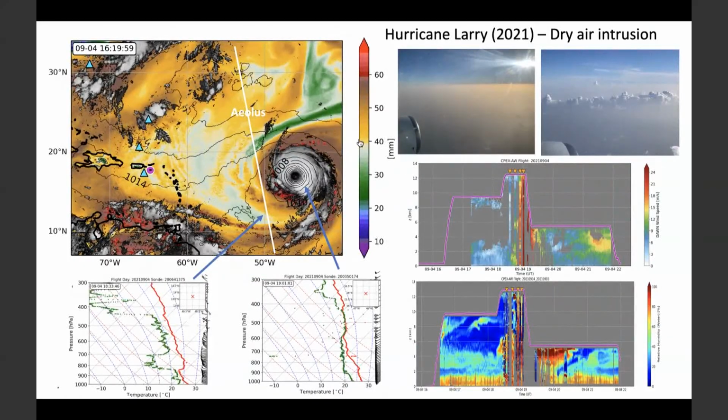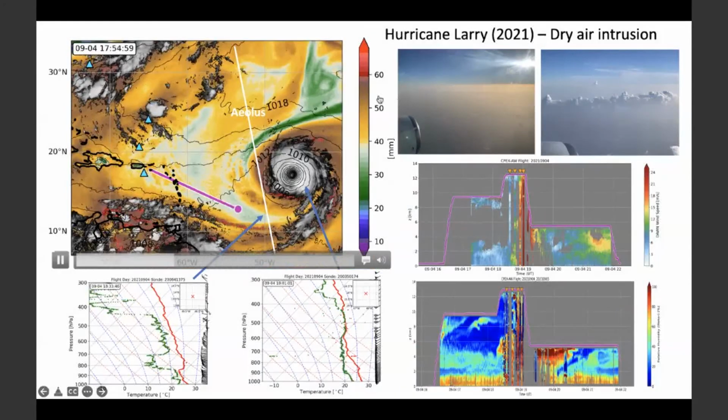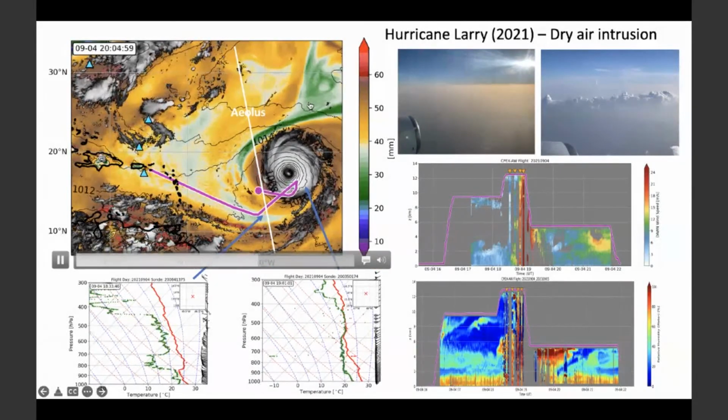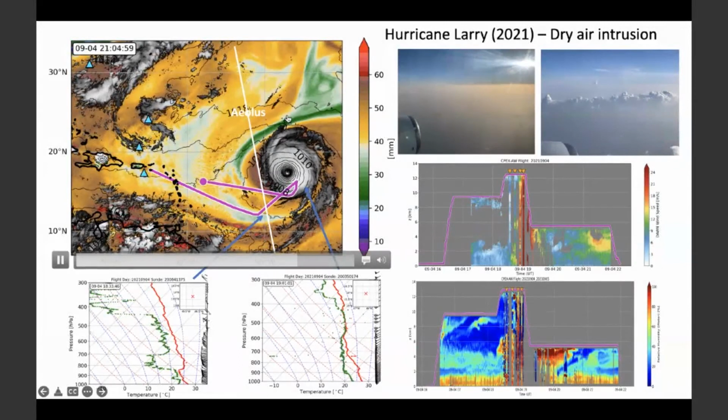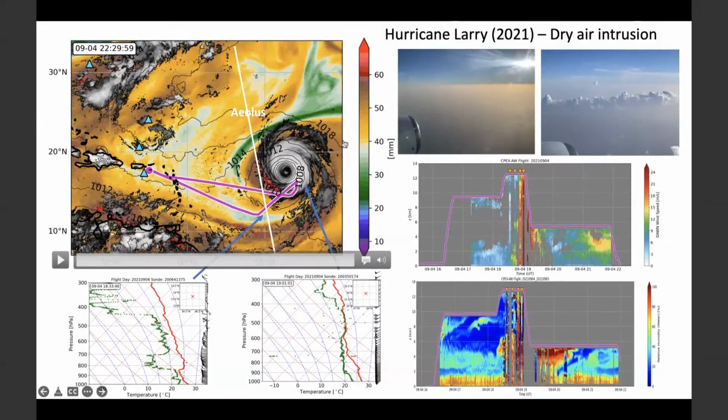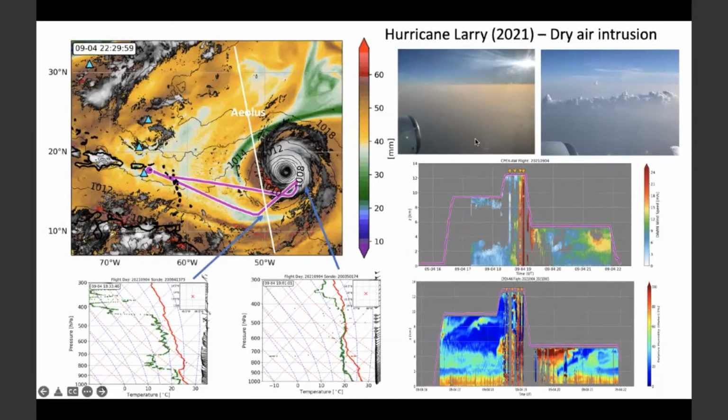One other example in this region, which is uniquely Atlantic, is the dry air intrusion in major storms. Some of the major storms are never able to further intensify or achieve their potential because of this very dry air. On the aircraft, you can see the dust when we fly through this region.